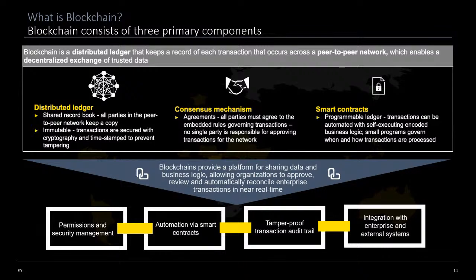Furthermore, in order for your block of transactions to actually be recorded in the global state of the ledger, all participants must agree on the validity of the transactions based on a predefined set of rules that are embedded in the code of the network itself. And this is the concept of our second component, which is the consensus mechanism.